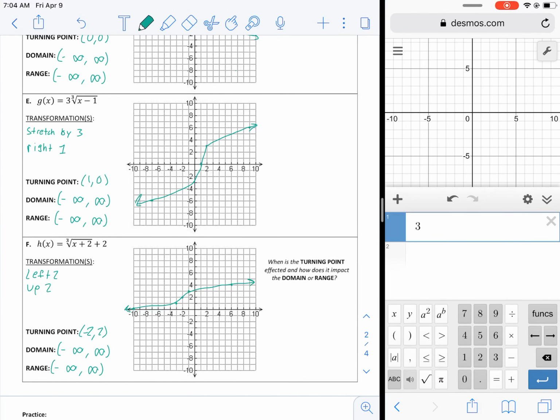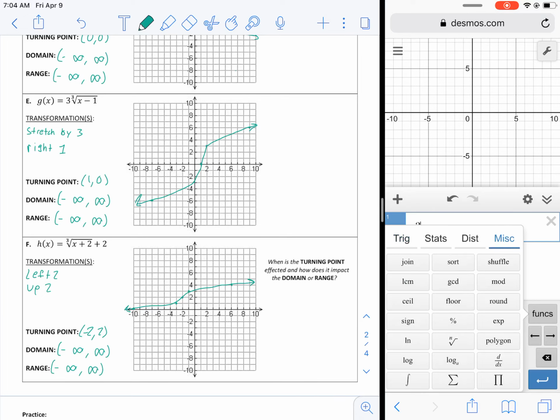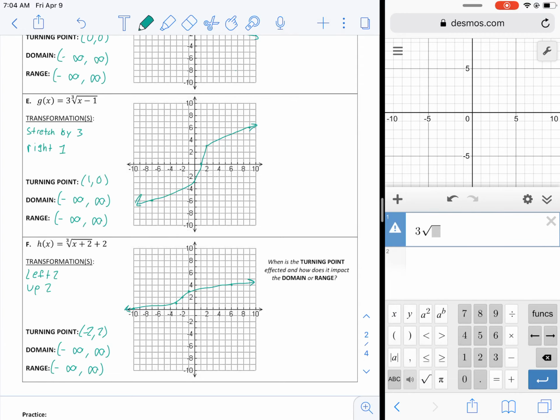Now, for this cube root, you have to click on this button here that says Functions. And then you go all the way to the right tab, the one that's miscellaneous. If you see this button right here with the n over top of the radical, that's a cube root. So you need to type the 3 up there to say what kind of root you want. And then whatever you want, type in the middle. So x minus 1, and here we go.